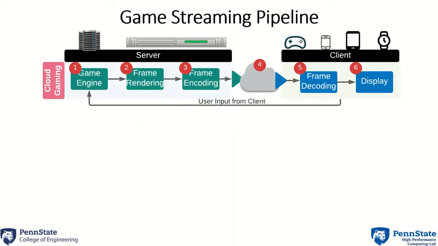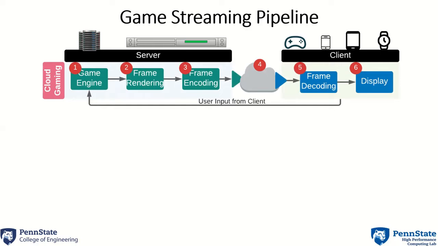First, let us understand the architecture of the cloud gaming apps and the associated challenges. In a typical game streaming pipeline, the game engine, labeled as 1 in this pipeline, comprises the game logic, which evaluates the next state of the game environment and invokes graphics API calls to the GPU to generate or render the next frame. As a raw rendered frame is large, it is compressed or encoded before it is transmitted to the client.